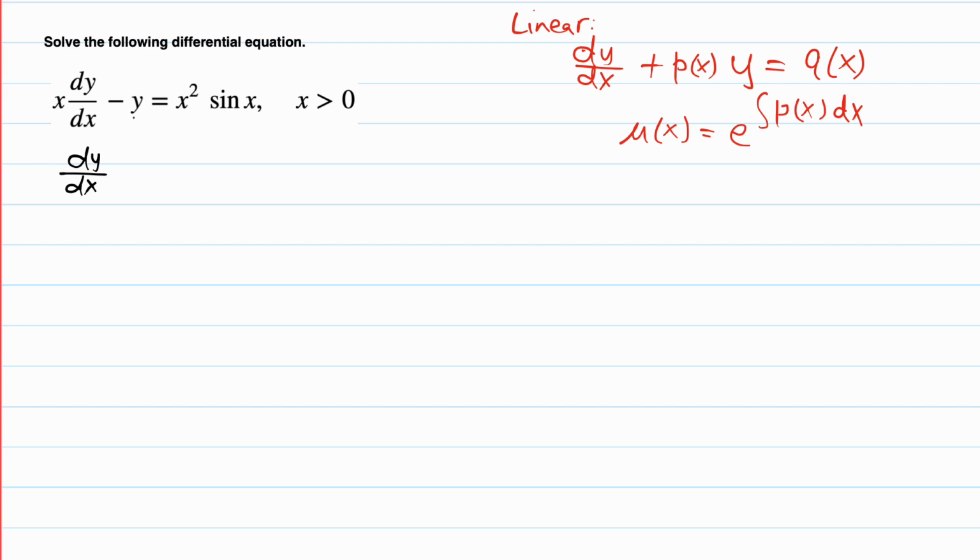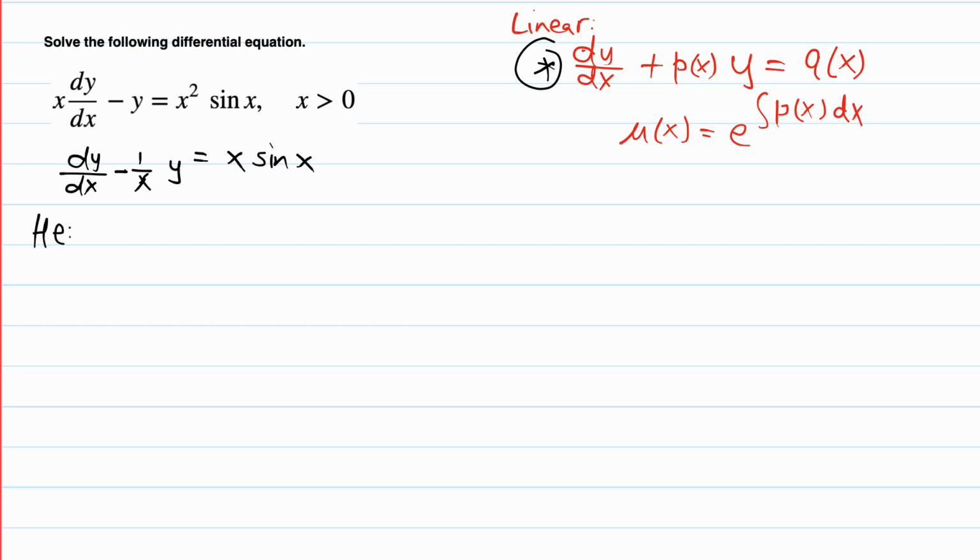We are dividing by x, so negative, let me write it this way, 1 over x times y. This y is there, and we are dividing by x, so one copy of x cancels, leaving sine x. Now this one is in this form.